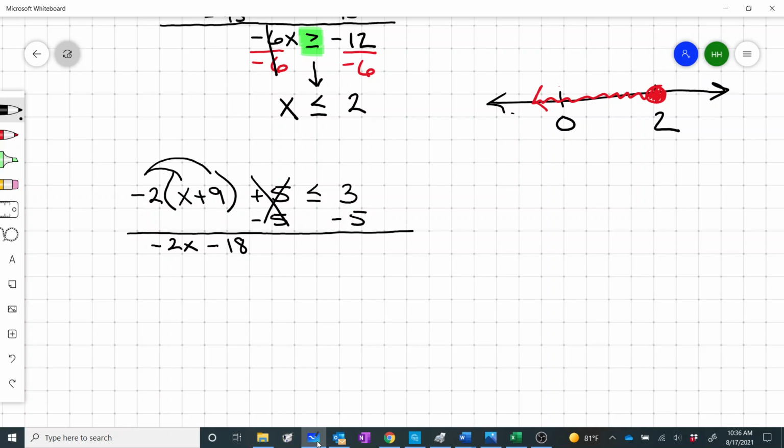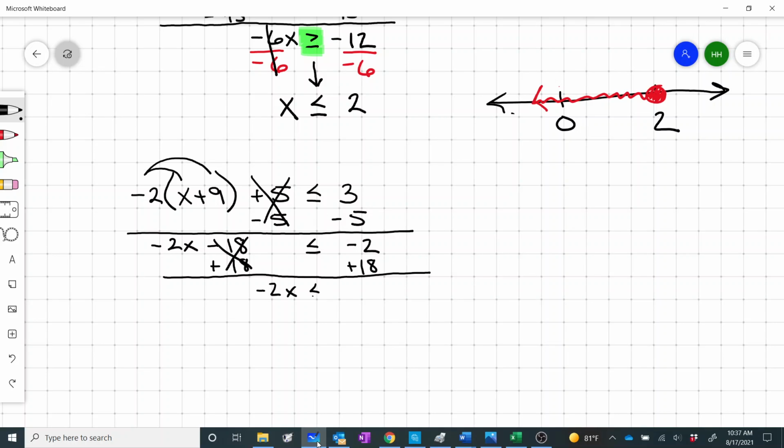We're not changing the direction of the inequality yet because we only multiplied by a negative on the left side. And 3 minus 5, that's negative 2. So now you can add 18 to each side. Your negative 2x falls down. Your 18s cancel out.